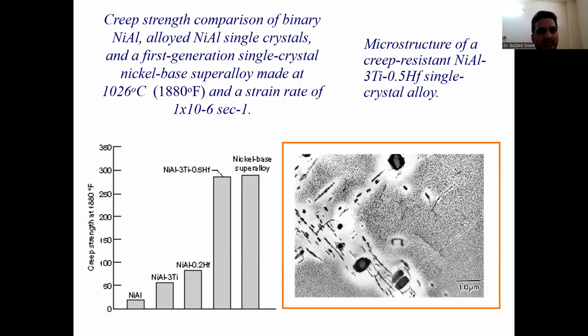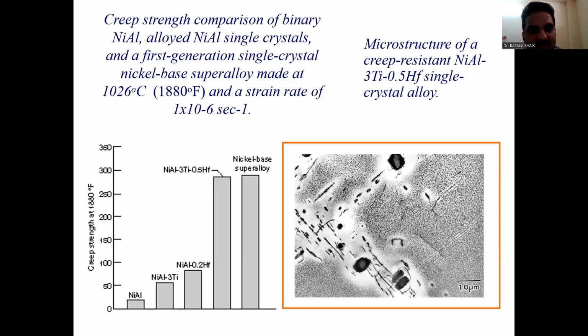You can observe two pictures or images. The first image shows a graph of creep strength at 1880 degrees Fahrenheit. You have nickel aluminum, nickel aluminum titanium, and nickel aluminum base. This is nickel-based superalloys, showing a creep strength comparison.